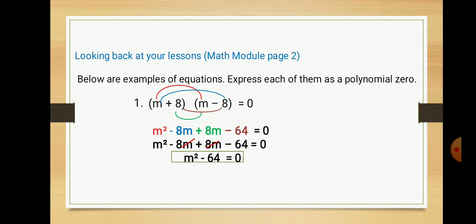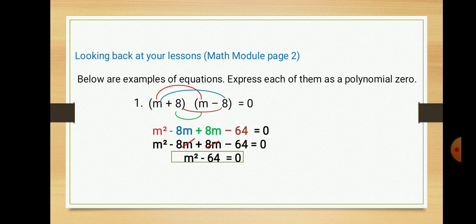Remember the rules in multiplying integers: if we multiply like signs, the answer is positive. If it is unlike signs, the answer is negative. So we will have negative 64 equals 0. So we will now have the equation m squared minus 8m plus 8m minus 64 equals 0.